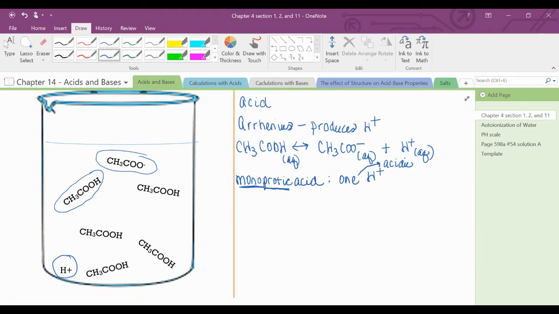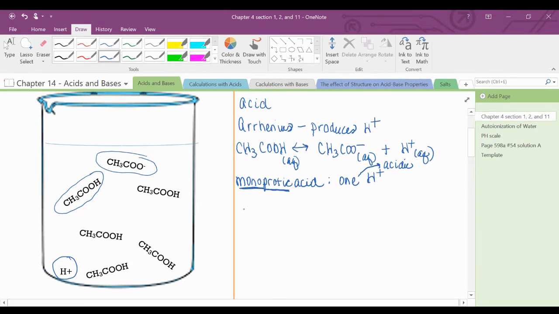Now, acids can not only be defined by how many acidic hydrogens it has, it can also be described by if it's strong or weak.